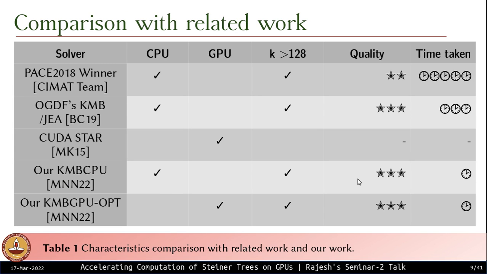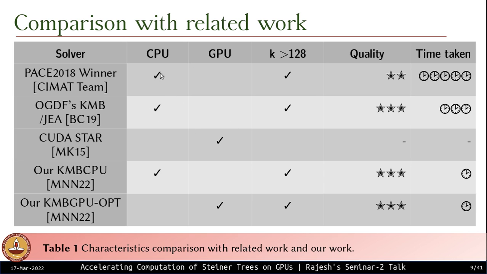Okay, so let's compare where we stand with respect to related work. There are 3 works listed. One is the PACE winner's code, and the second is the Open Graph Drawing Framework's implementation of KMB, which is a published work in the Journal of Experimental Algorithms. The third is the GPU implementation of a CUDA Steiner algorithm.